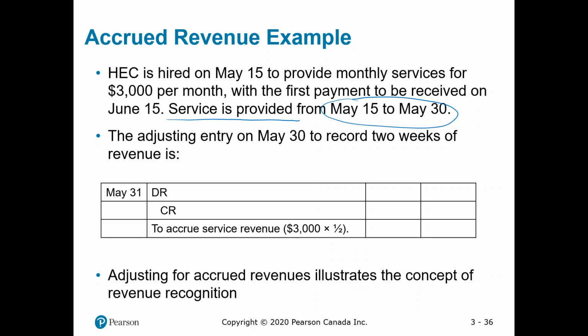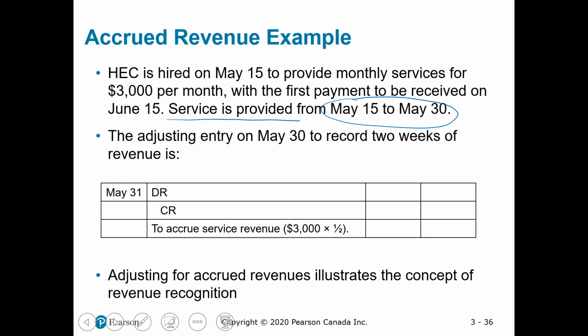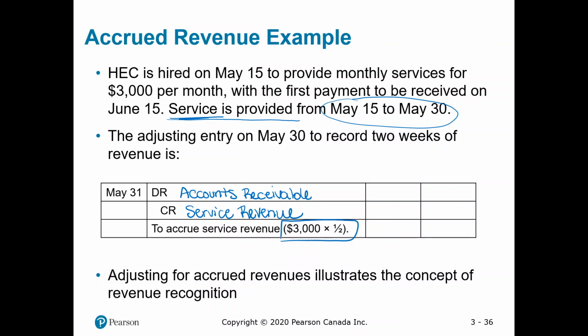So again, I said here, we're always going to debit a receivable, credit revenue. So we will debit accounts receivable and we're performing a service, so we will credit service revenue. And as it shows here, we've done half the work.